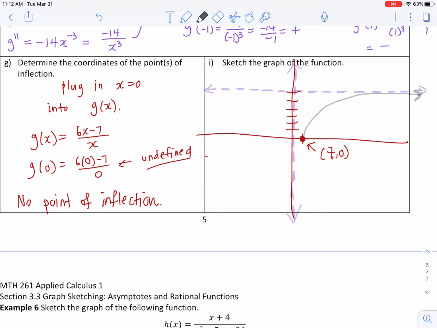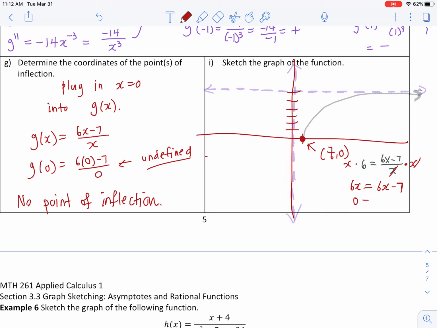I'm just saying that, but I should really show you why this is not crossing y equals 6. Take a look. Assume that y value is 6. What will be the x value that will make this true? Multiply both sides by x. The left side is 6x. The right side is 6x minus 7.